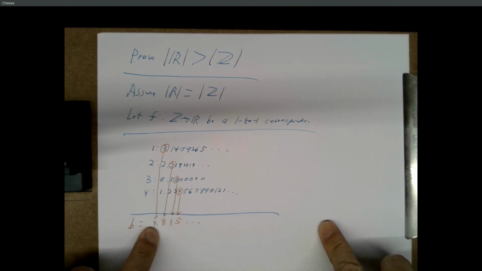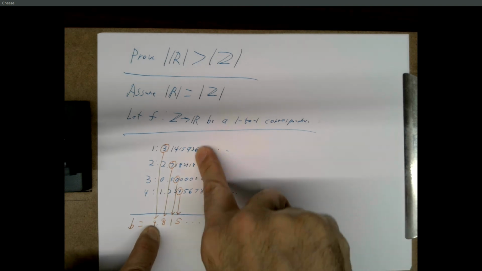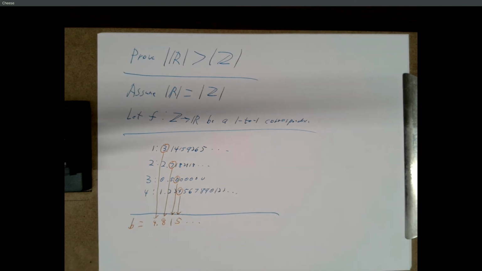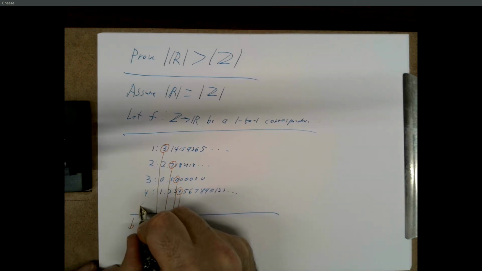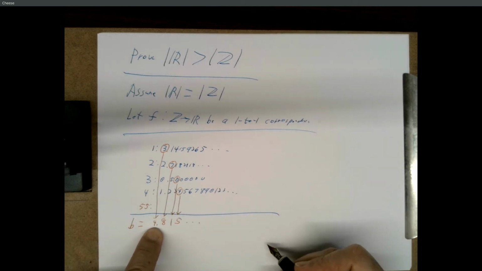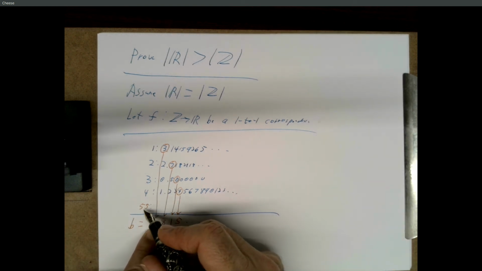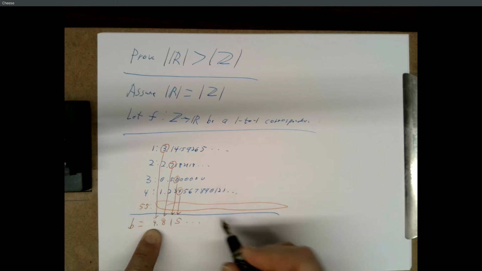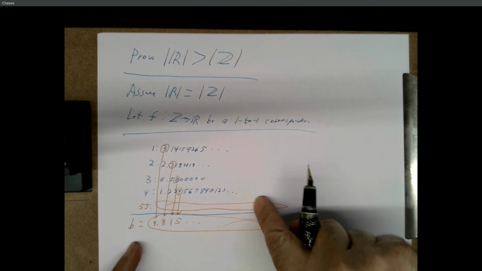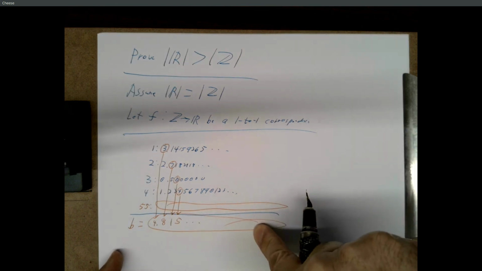It's a real number, but it cannot appear anywhere in this table. And how do you know that? Because suppose that the number 55 is supposed to map to this number. Well, the 55th digit of this number and the 55th digit of b are not going to be the same. Because the way I constructed b was to take the 55th digit of this number and add 1 to it.